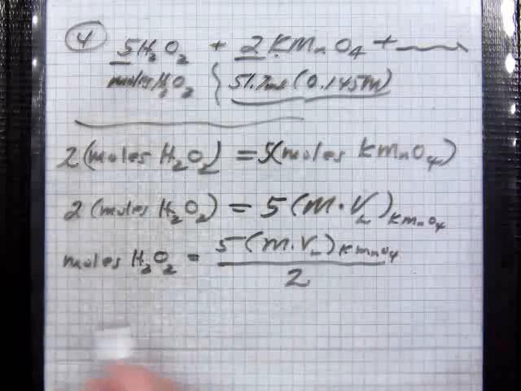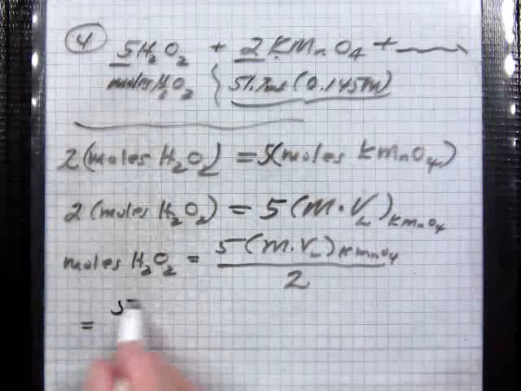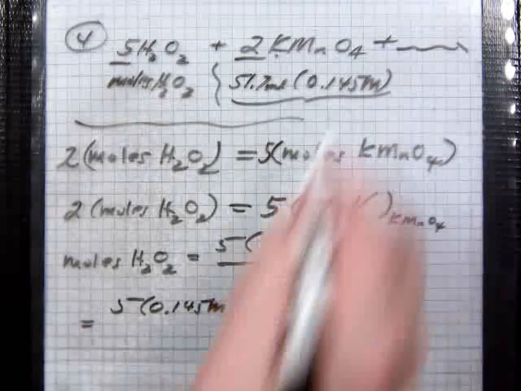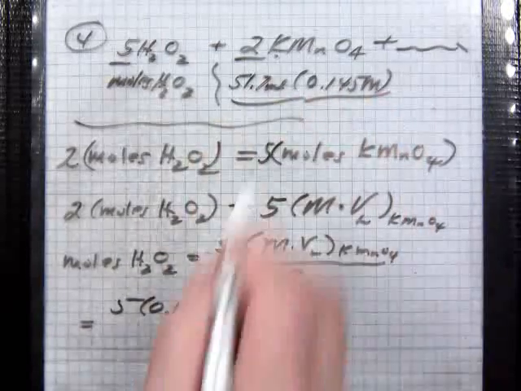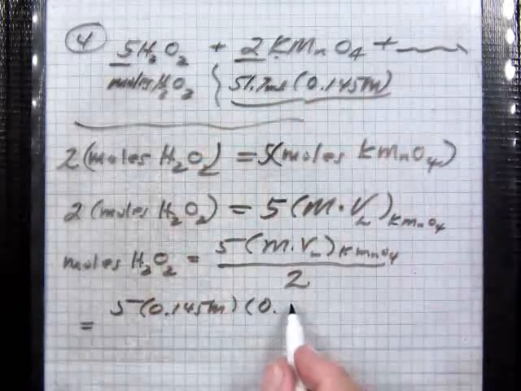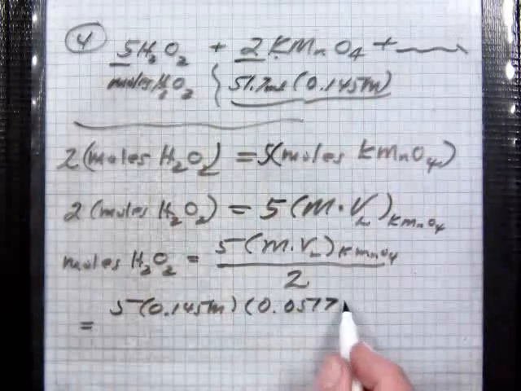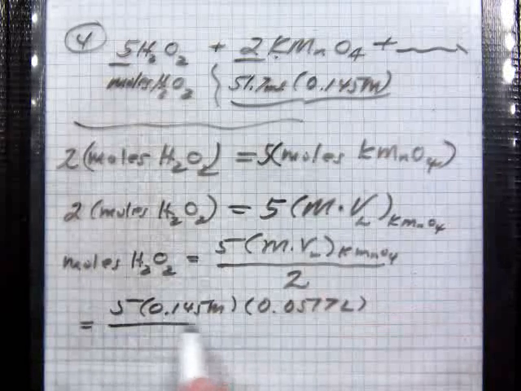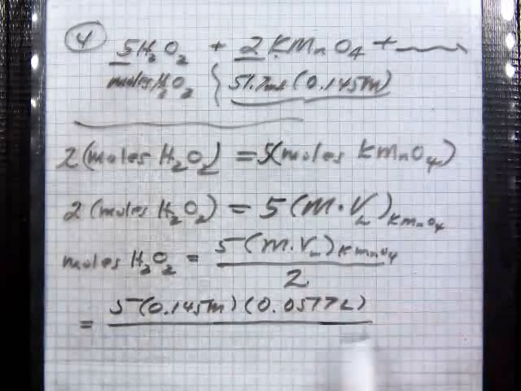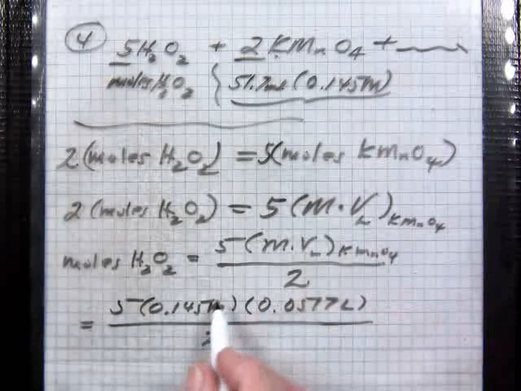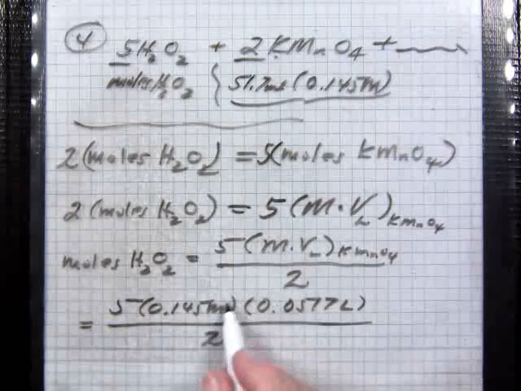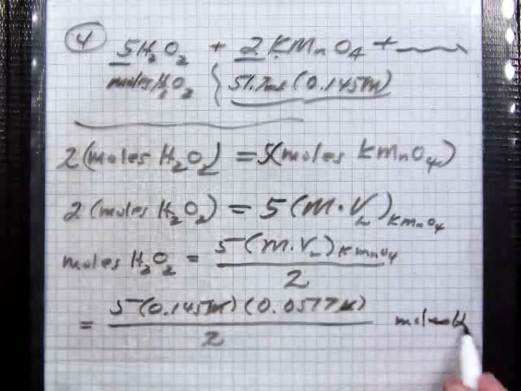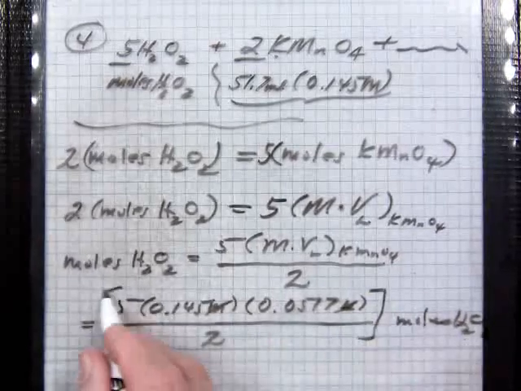So now I start plugging in what I need: that's 5, the molarity is 0.145 molar, and I need to stay in liters, so I move the decimal over: 0.517 liters, and that's KMnO4, but that's all right, divided by 2. Now this is moles per liter, so when I cancel all this out, I'm left with moles of H2O2. That's what it's going to give me.